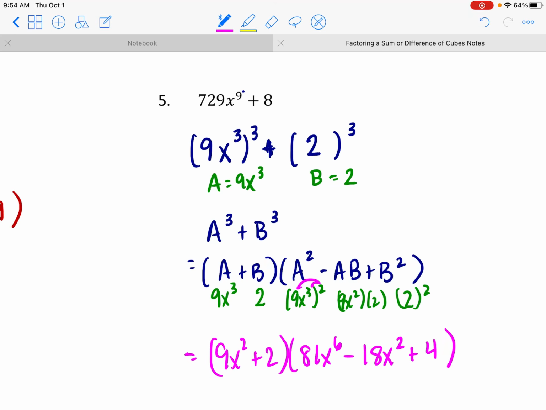So if it's easier for you to just figure out what a is, figure out what b is, write them next to the formula and work through it that way, then that's definitely an option for you.